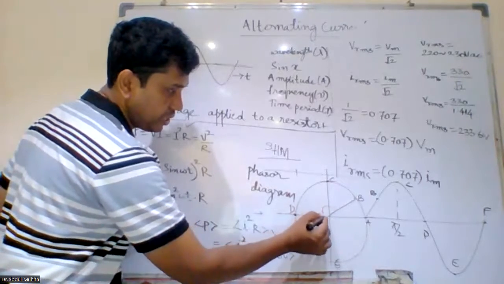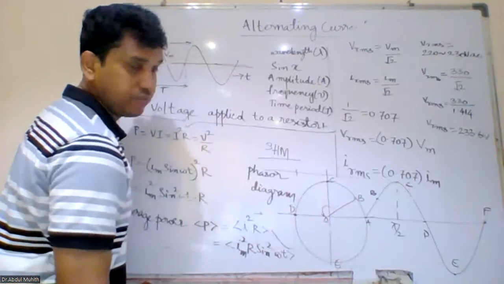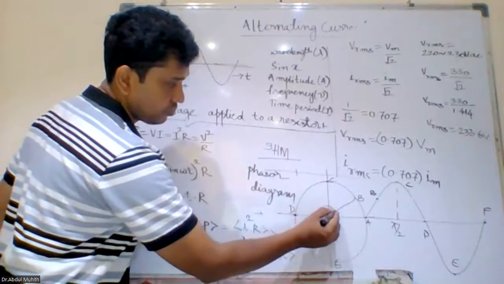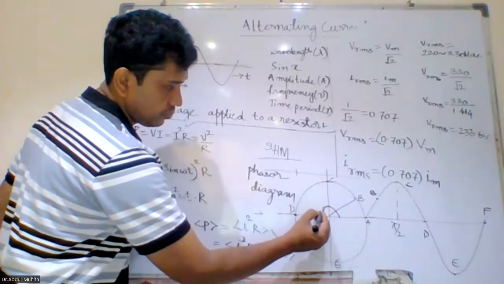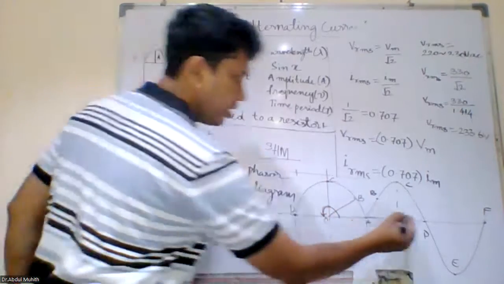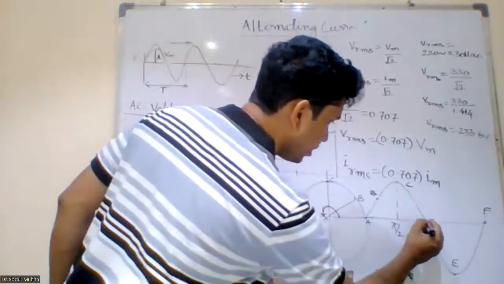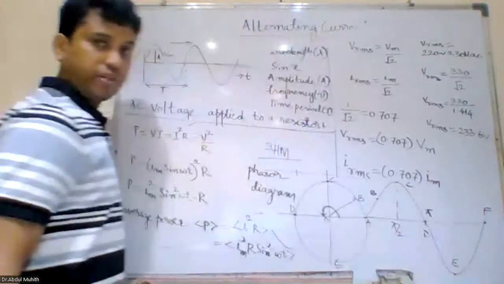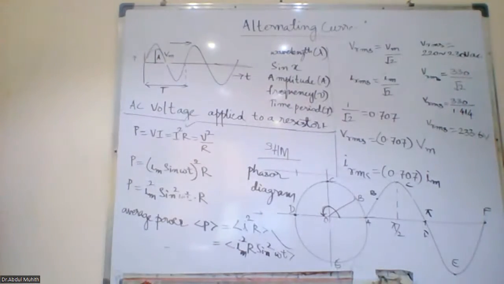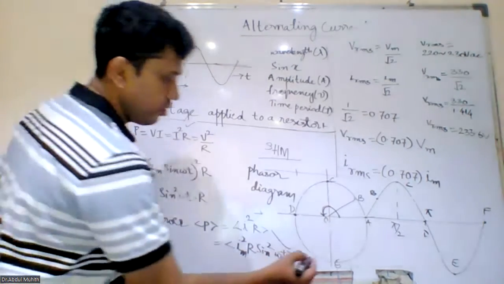From here to here, how much is the angle? 180 degrees. Is it not 180 degrees, pi?